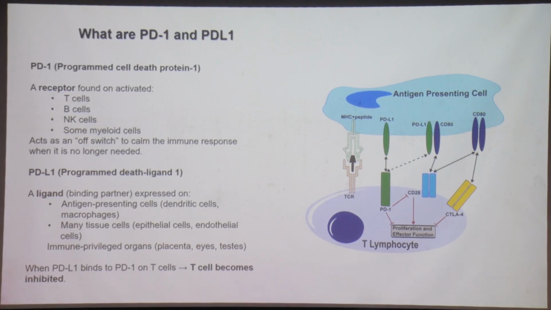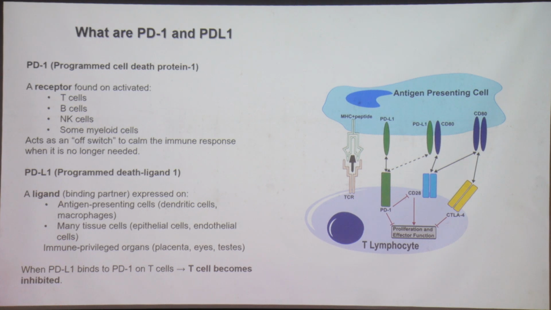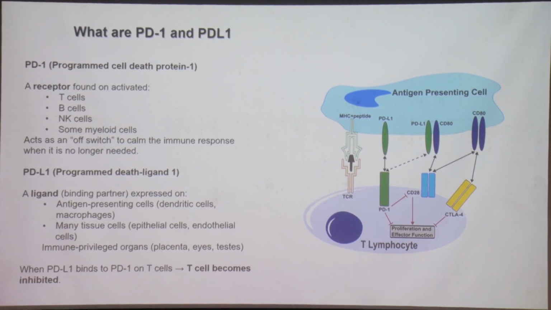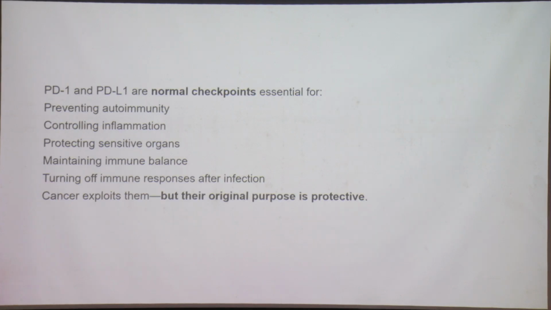It is a very common therapy these days. You give something which will inhibit this interaction, then the immune system will remain active and T cells will kill tumor cells. So PD-1 and PD-L1 are a normal checkpoint in normal cells, essential for preventing autoimmunity, controlling inflammation, and protecting sensitive organs.